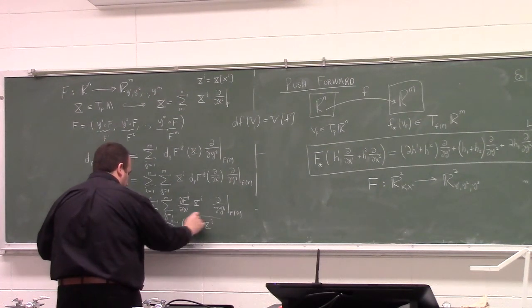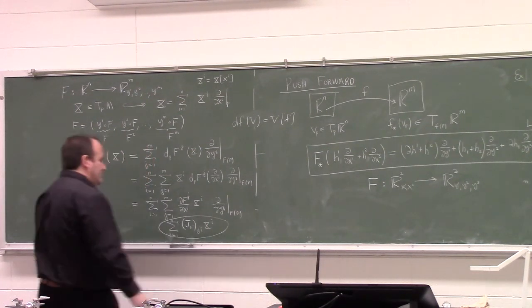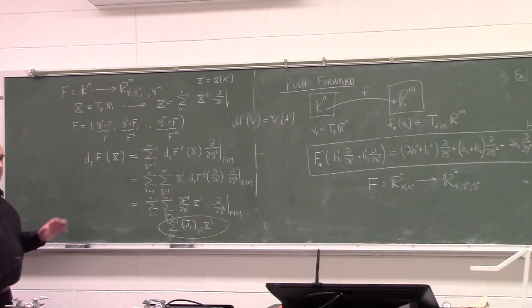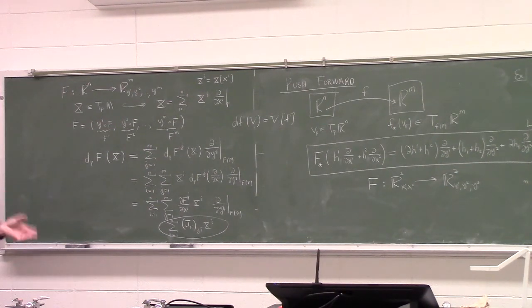This right here. That's like a matrix column product, right? That's the product of the Jacobian matrix with the column vector formed by the components of x. That's what we did over there.